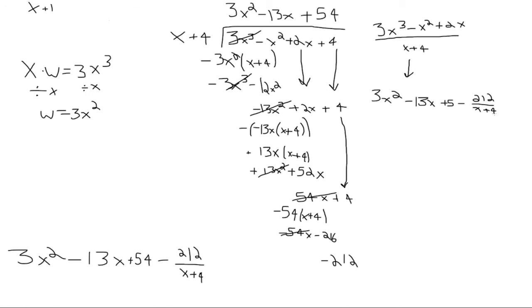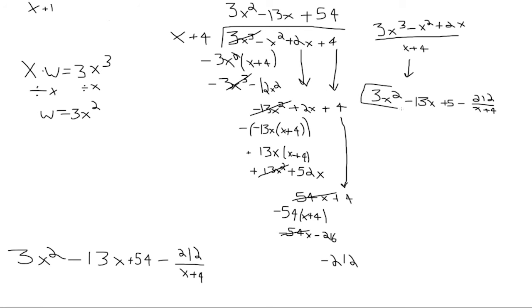Okay. So basically what we were doing when we were subtracting all of these x plus 4s away, right? Basically, we were converting some of this into an answered part, right? So, for example, this 3x cubed here, we know that x plus 4 times 3x squared will make this 3x cubed go away, okay? So that's where we got this 3x squared.